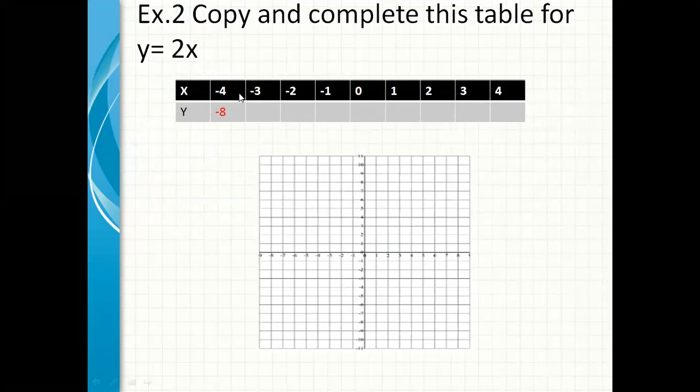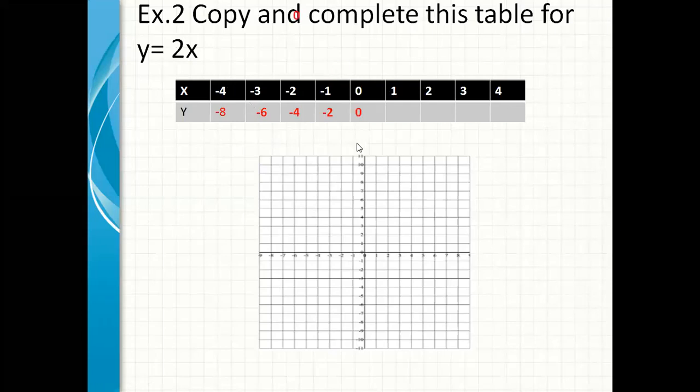So negative 3 times 2 is negative 6. And negative 2 times 2 is negative 4. Negative 1 times 2 is negative 2. You have to be careful with the signs: when you multiply different signs, you get negative; same signs, you get positive. 0 times 2 is always 0.